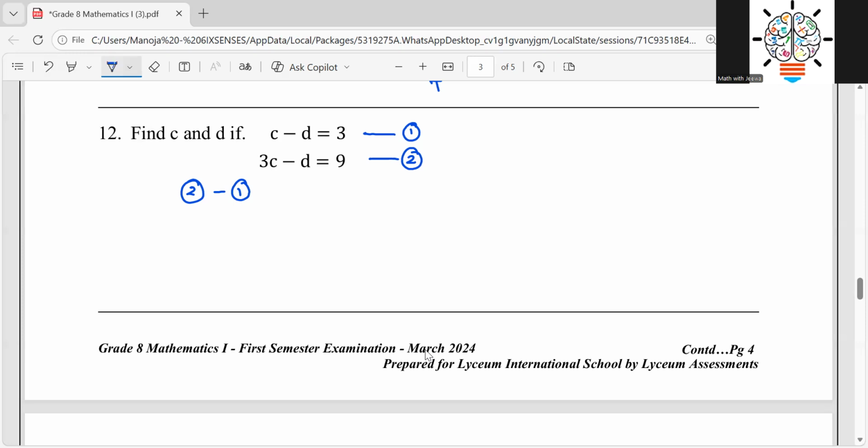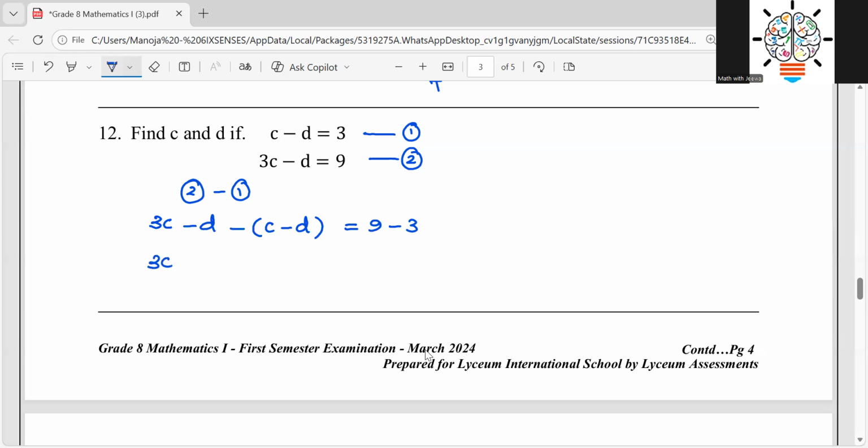Okay. So then the 3c minus d, subtract c minus d, and 9 minus 3. I have taught you, children, when you are doing it, always the second equation part, you write it inside the bracket.